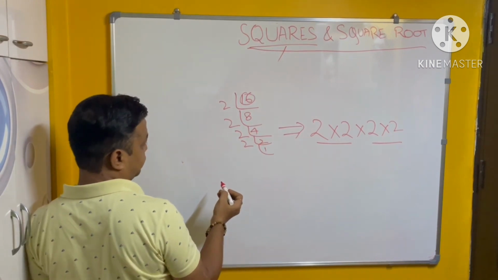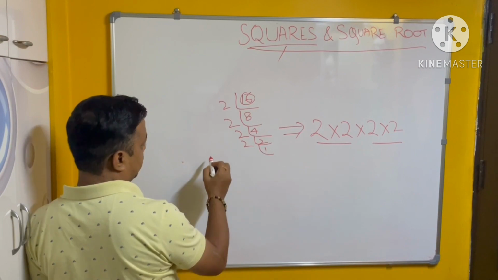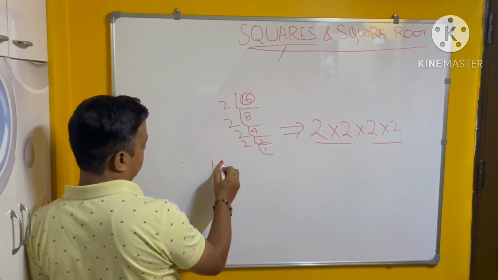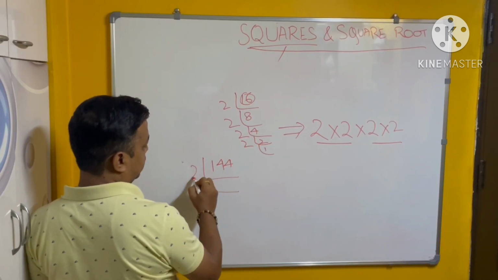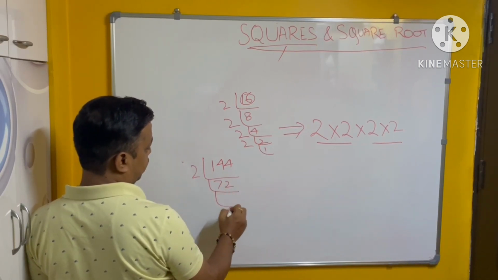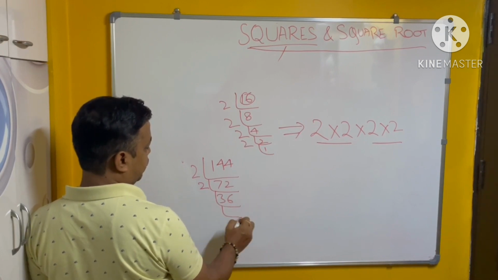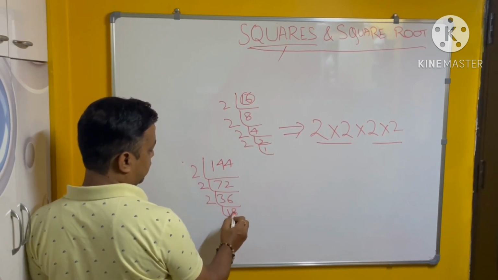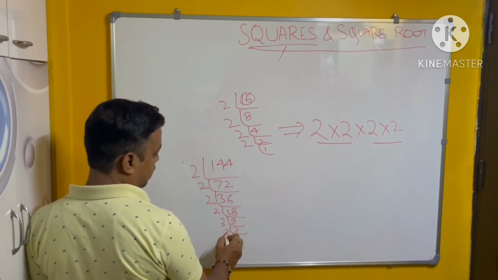Similarly, suppose I have 144. 2 sevens are 14, 2 twos are 4, 2 threes are 6, 2 sixes are 12, 18, right? 9, 3 threes are 9, 3 ones are 3.